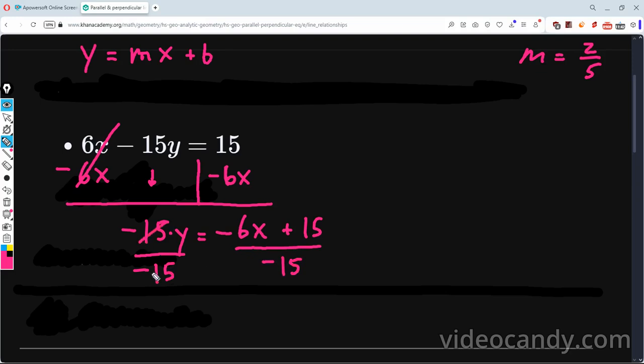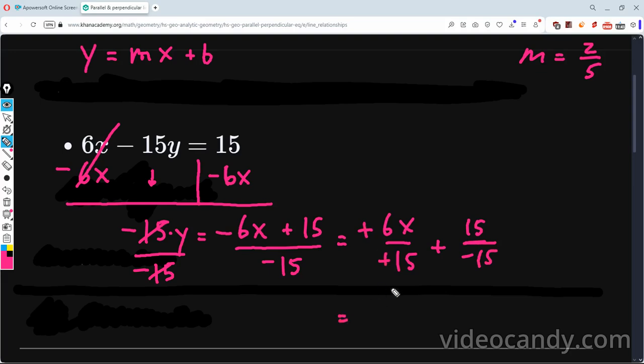It cancels here. And you want to remember when you have two terms added or subtracted over a common denominator, each one of these is over that denominator. Okay, so we have negative 6x divided by negative 15. And we also have positive 15 divided by negative 15. All right. Negative divided by negative is positive.